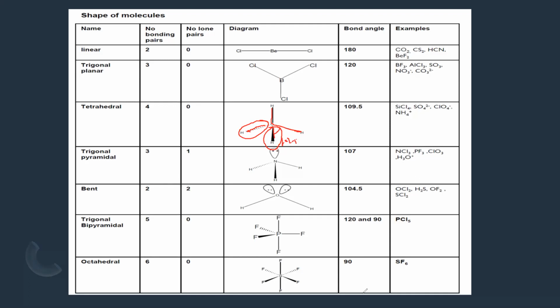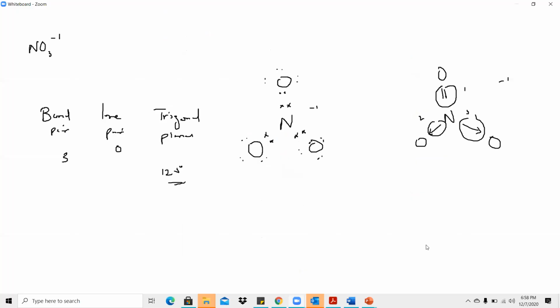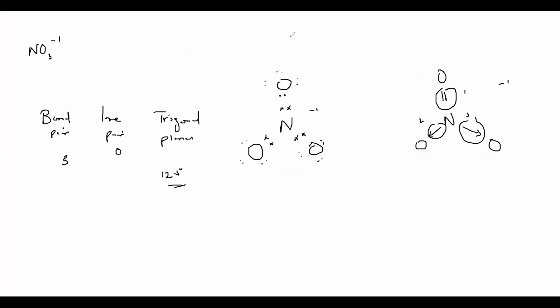An example of this is when we draw CH4, methane. In methane, carbon forms a single bond with 4 hydrogen atoms.